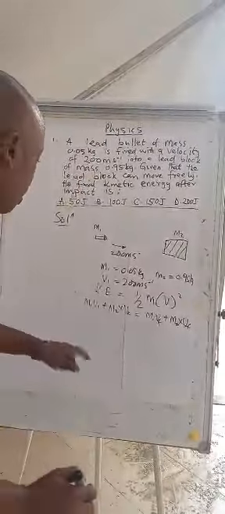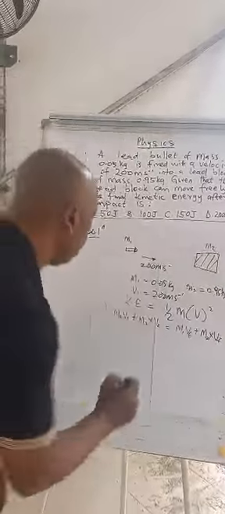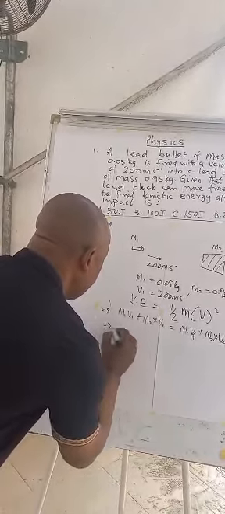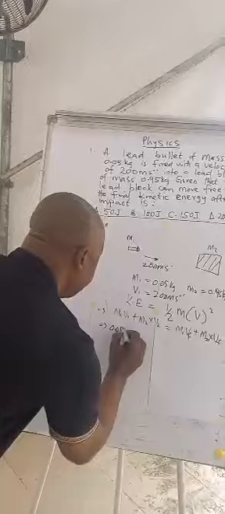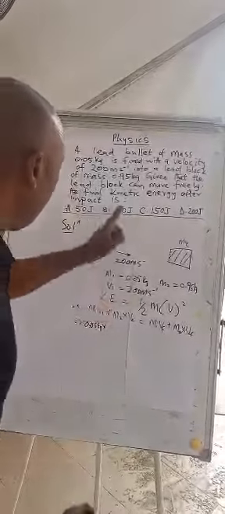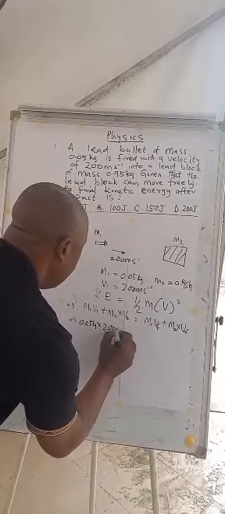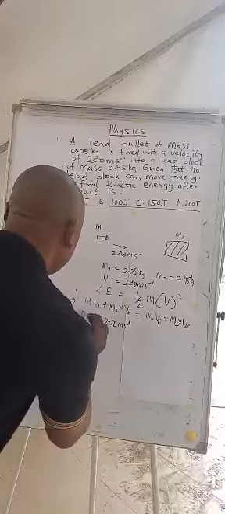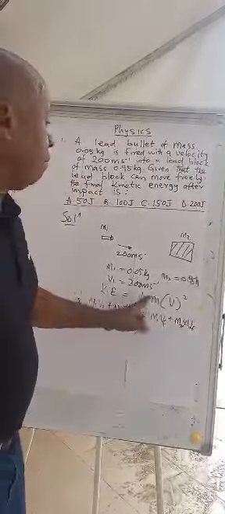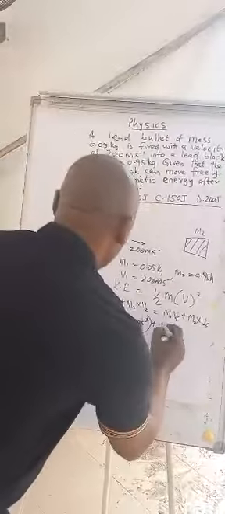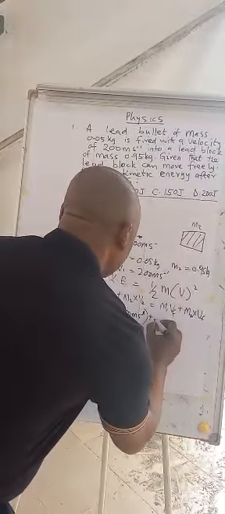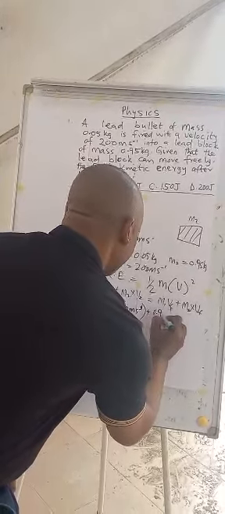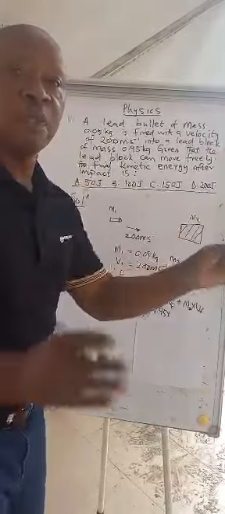Now, we'll substitute. M1 is 0.05 kilogram. So we have 0.05 kg times 200 meters per second, not squared. Then plus M2, which is 0.95 kilograms, times V2, which is 0.